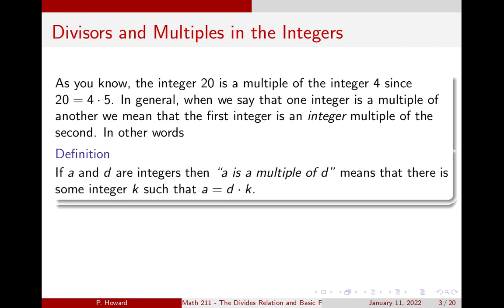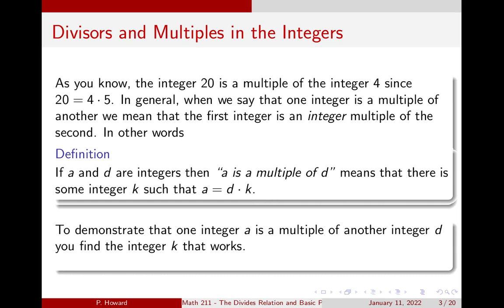In other words, here's the definition of the phrase A is a multiple of D. Assuming A and D are integers, A is a multiple of D means there's some integer k such that A is D times k. And k is sometimes known as the multiple.